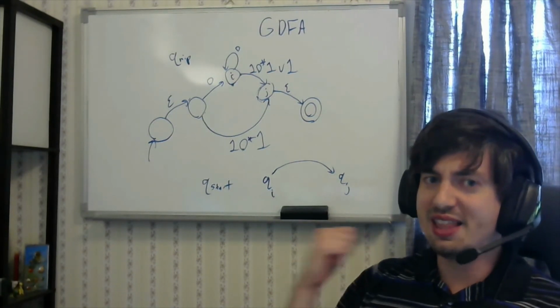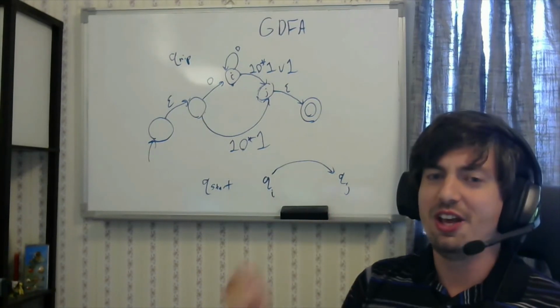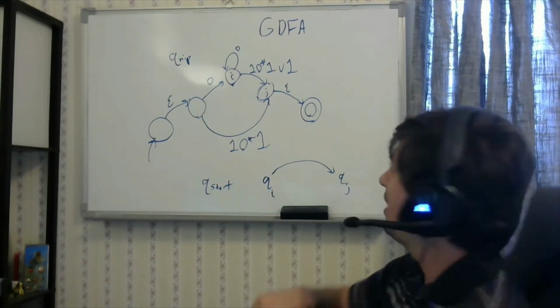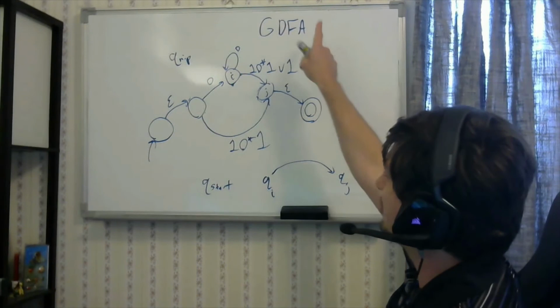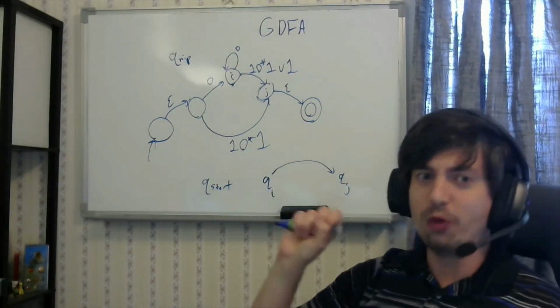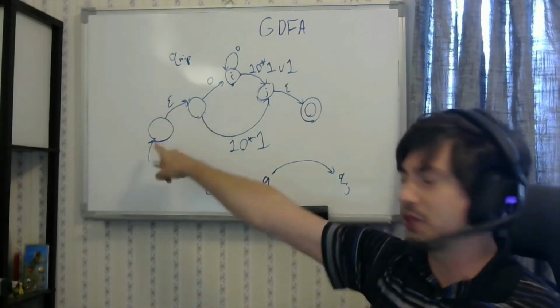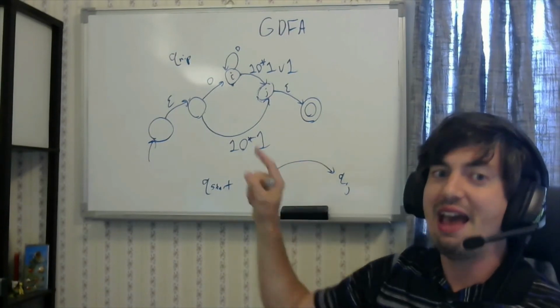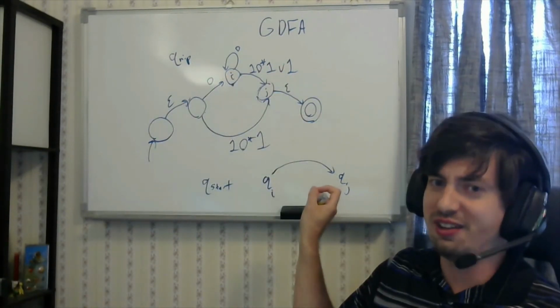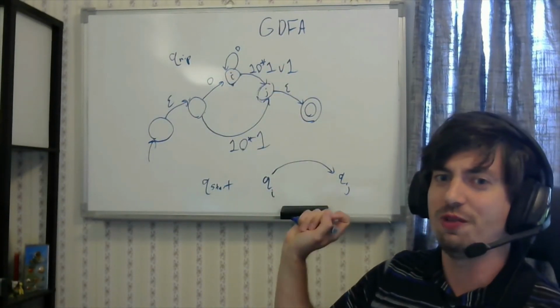And if you apply this process enough, you will get down to a generalized discrete finite automata that only has two states, our start state and our accept state, and a regular expression connecting them by a single edge.